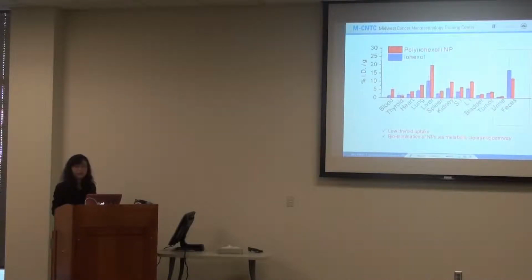And also, because iodine is always related to the thyroid, here we show low accumulation in the thyroid to further demonstrate that deiodination is not a major problem for this newly developed system, to further confirm the safety profile.